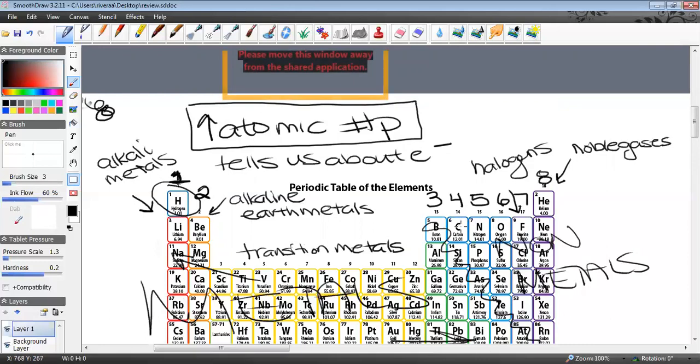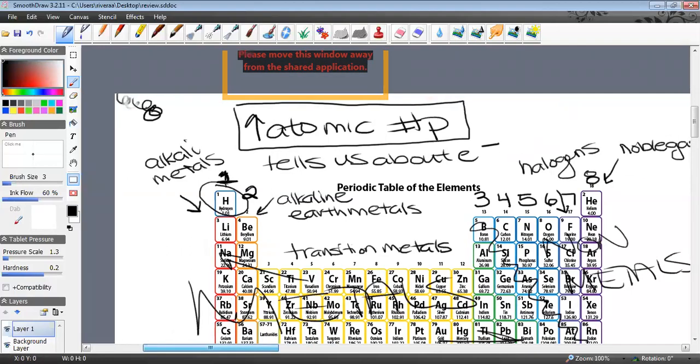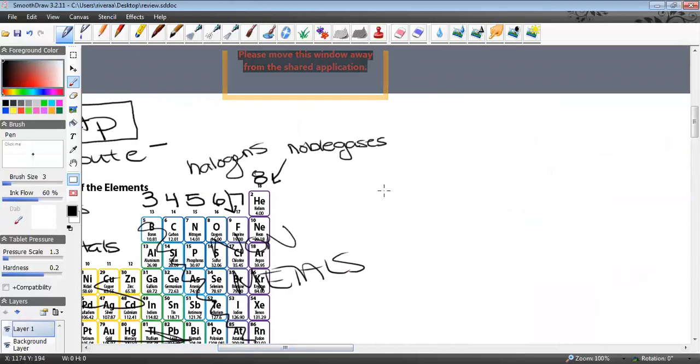So when we move on here to talk about electrons, if you're confused, the only thing you absolutely need to know is that those group numbers at the top tell you how many valence electrons a substance has. That's the most important. And let's just remind ourselves that valence electrons are the outermost electrons.